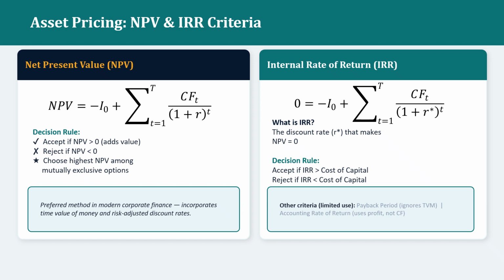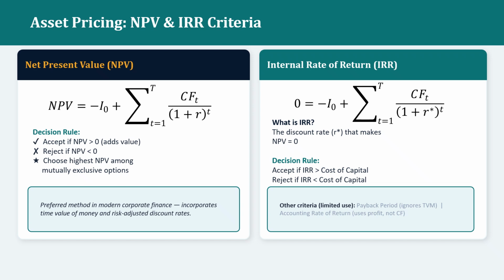So how do we decide whether the project is financially worthwhile? Net present value, or NPV, gives a clear answer. We discount all expected future cash flows back to the present using an appropriate discount rate, R, often the cost of capital, and then subtract the initial investment. That is why you will find a minus sign in front of the initial investment.